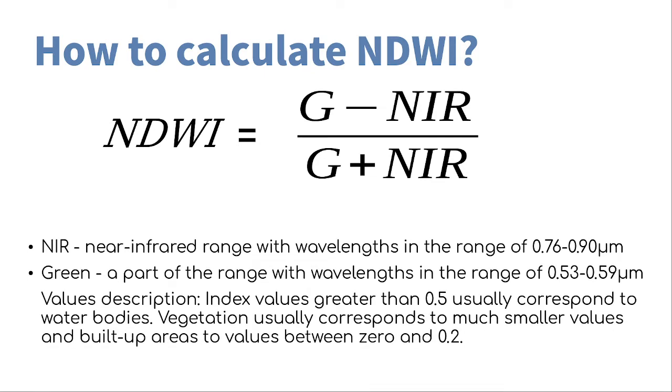So how do we interpret the result that we get from calculating NDWI? Index values greater than 0.5 usually correspond to water bodies, and those that correspond to vegetation usually have much smaller values, and built-up areas have values between 0 and 0.2.